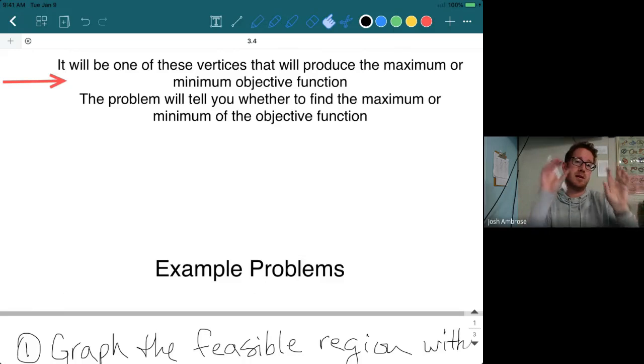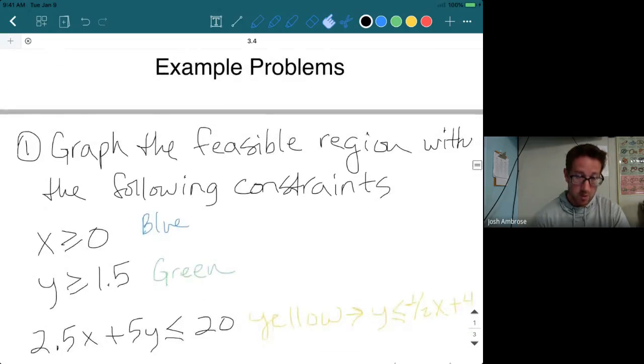You only have to pull from one of the previous graphs you've made. Then you look at only the vertices, only those points where the graphs cross or touch, and potentially where one of the graphs crosses an axis, the X or Y axis. Let's see what this all means.